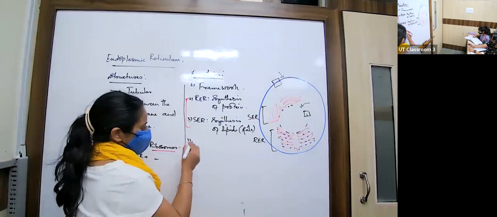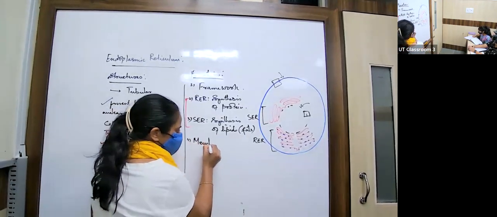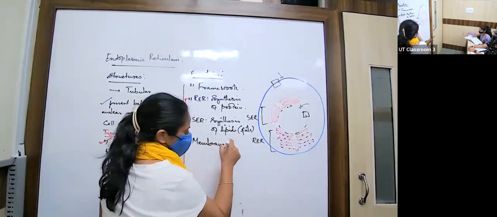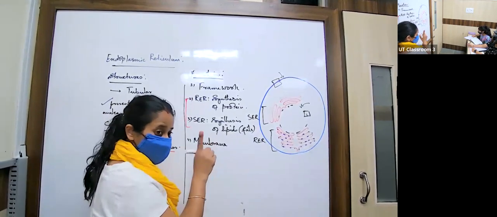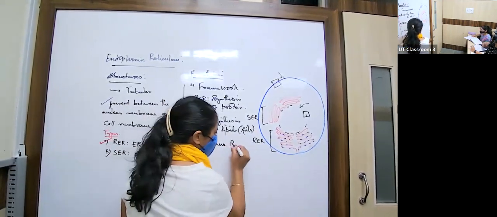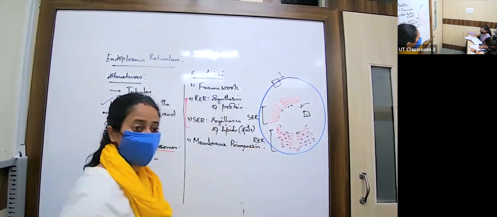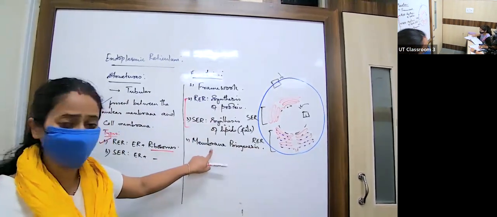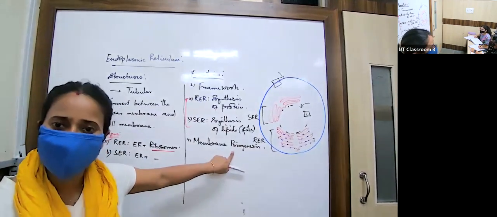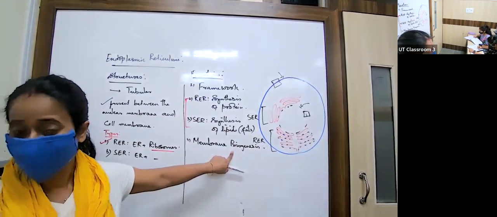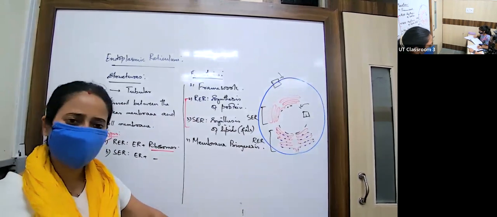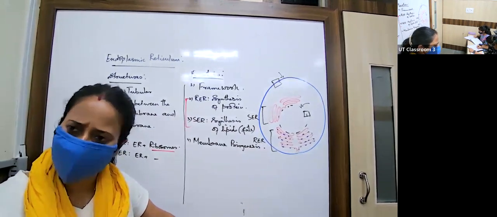So in this way I can write one more function of the endoplasmic reticulum in general, membrane biogenesis. What is the meaning of this? Formation of new membranes, membrane biogenesis. Biogenesis means formation, new formation. So in a cell, when will there be a need for formation of a new membrane?